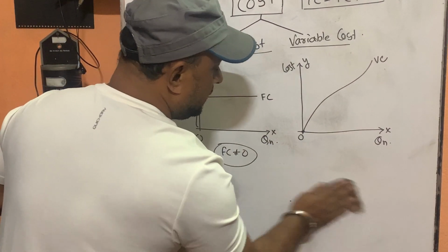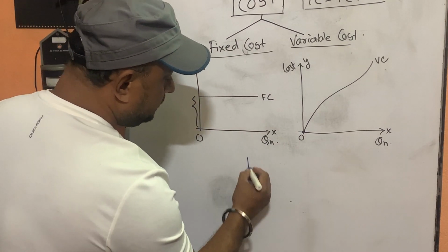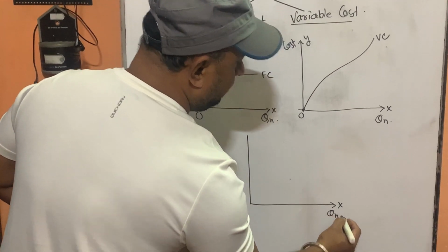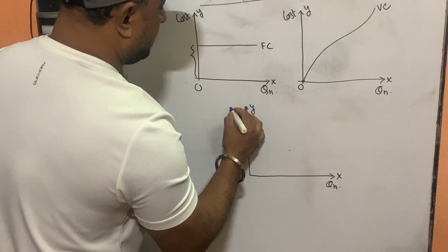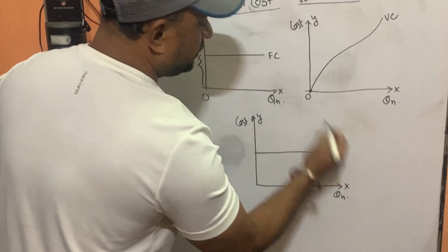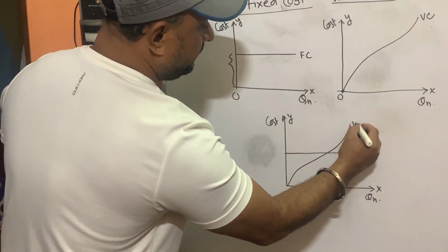Now from that we can draw the total cost curve. This is our quantity of production, this is our cost. This is our fixed cost curve which remains fixed always. This is our variable cost curve.